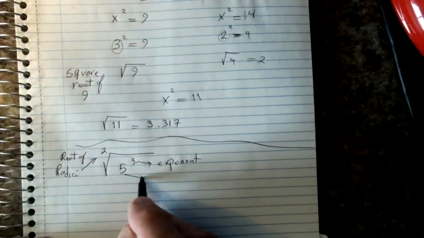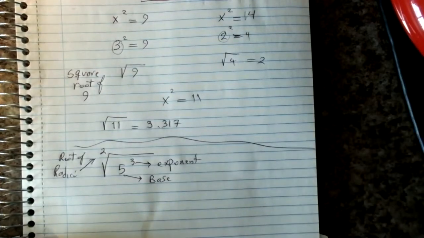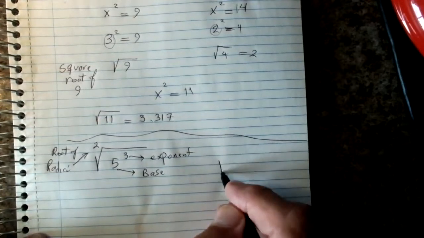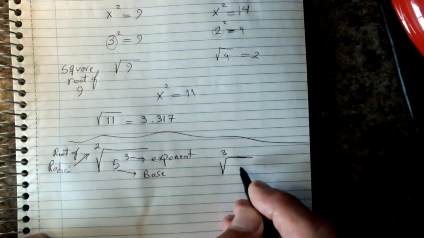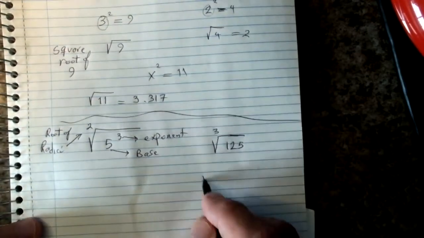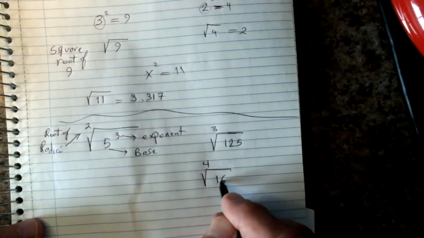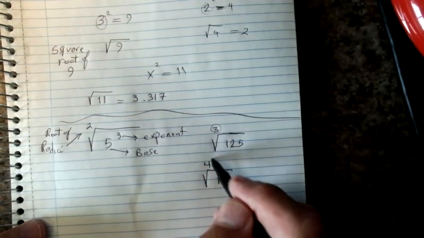And 5, they call it the base, okay? Radicals have different roots. You might have something like the cubic root of, let's say, 125, or the 4th root of 16. See, these are all roots.